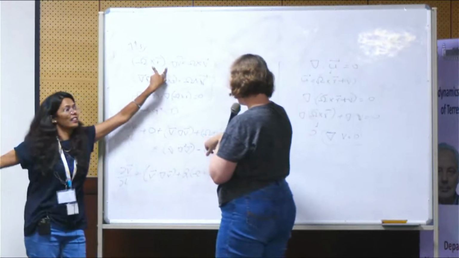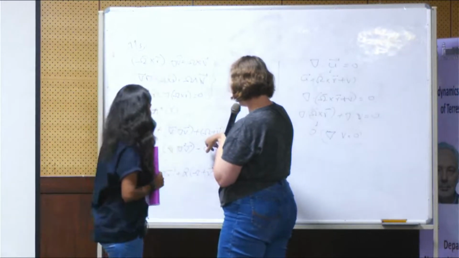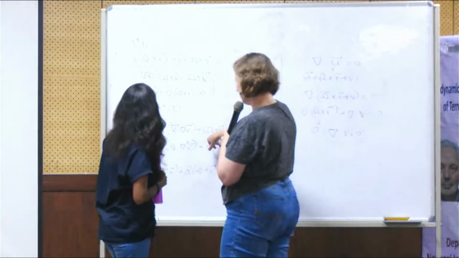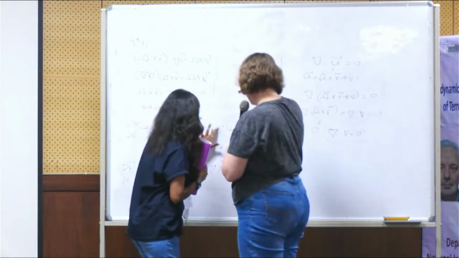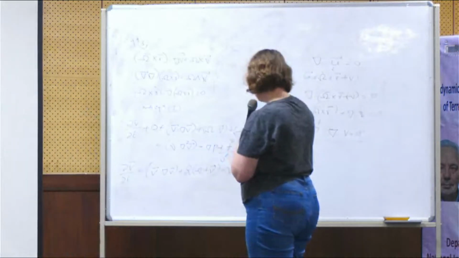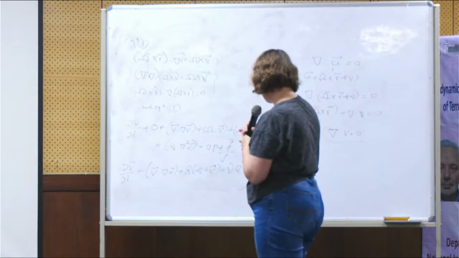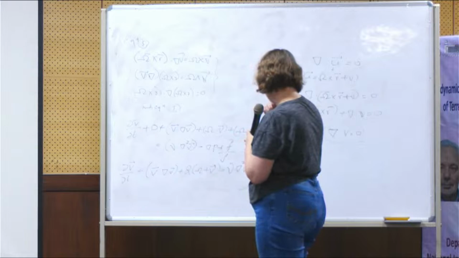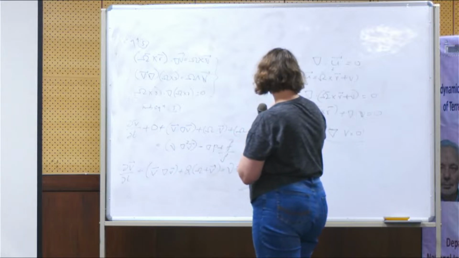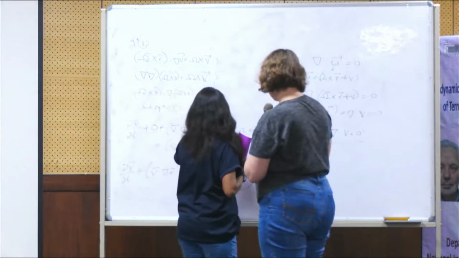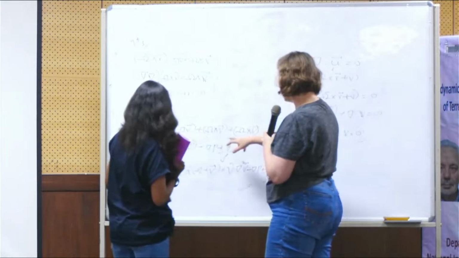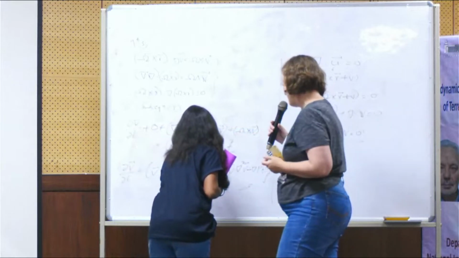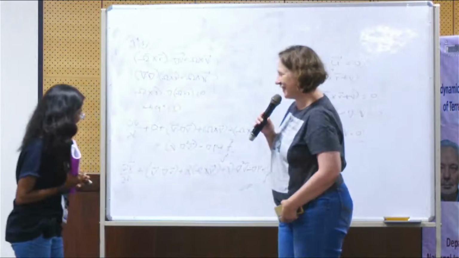I got it, but maybe it's not plus here, it's cross, from the consideration of dimensions. Yeah, cross. Now it looks better. Now the dimensions are correct. Okay, thank you.